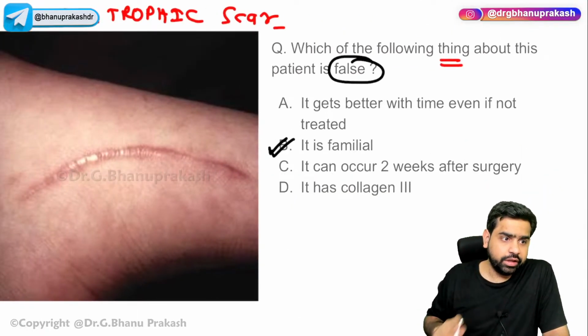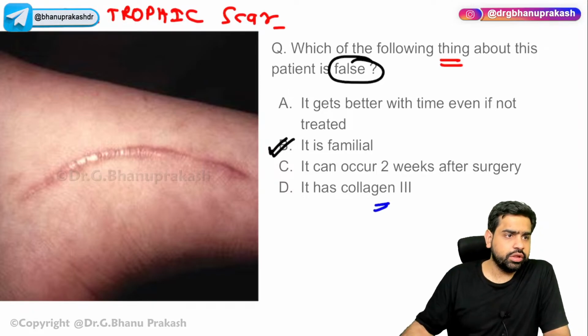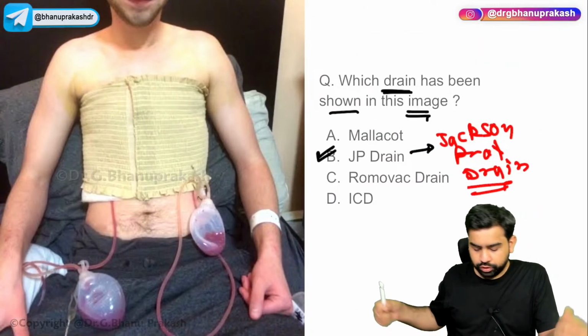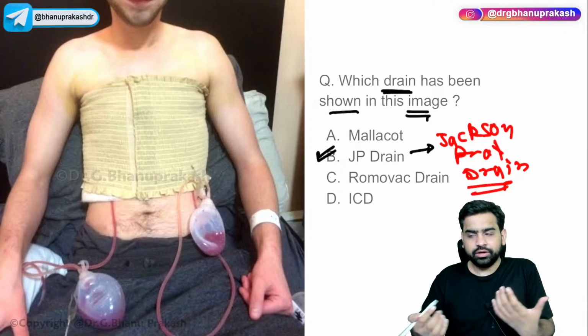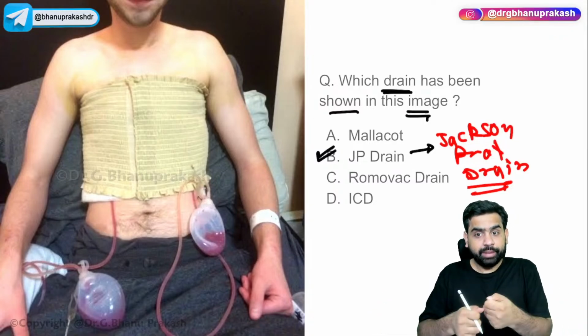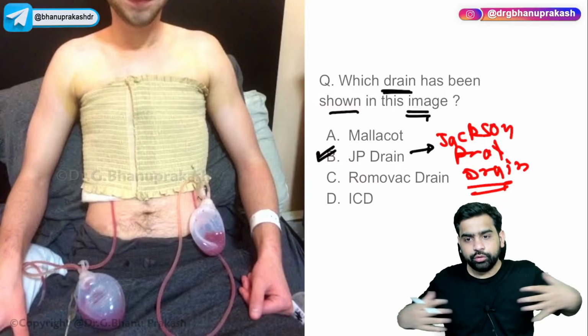Now I had seen a couple of questions here. Which bandage? It is not a bandage, it is a compression, like a belt or an abdominal binder. Why are you using it?